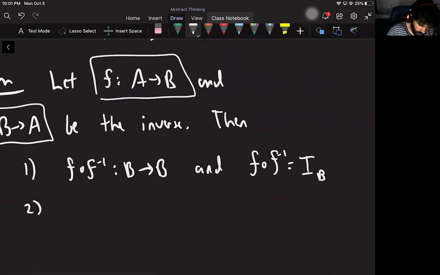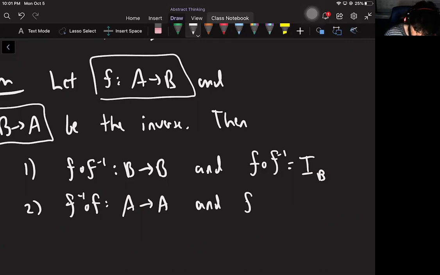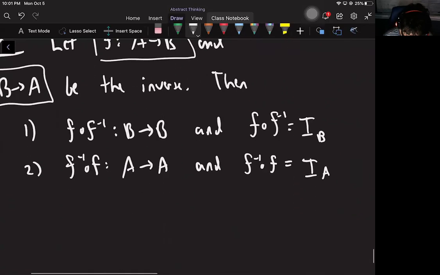And similarly, if I go in the other order, so I do f first, that means I go from A to A. That composition is exactly equal to doing nothing on the set A. So it's just a restatement of what I said before in a very fancy way.